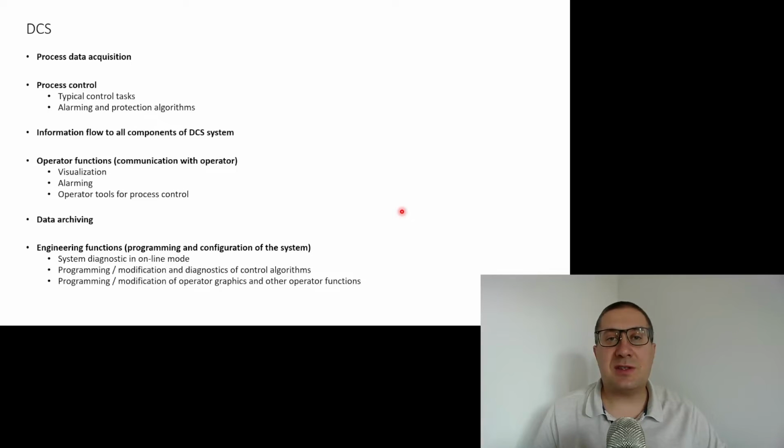So a DCS system is responsible for acquiring process data, for process control, like typical control tasks like maintaining the temperature at the desired level, or pressure, flow, but also some protection algorithms: what to do automatically if something goes wrong, how to decrease the load of the device or even shut down the whole unit in a safe way, of course. The alarming, right? So how to inform the operator that there is a threat that should be addressed.